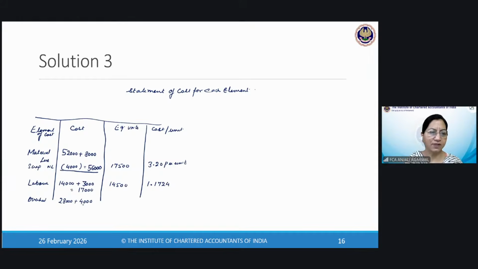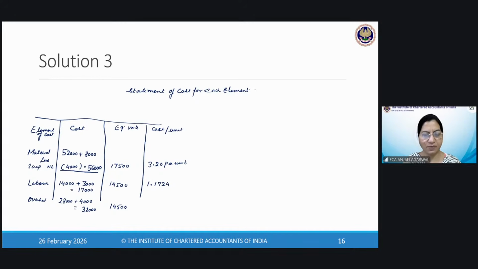28 plus 4,000 is 32,000. And the equivalent units of overheads is also exactly same as labor because the opening WIP and the closing WIP was exactly having the same percentage in material and labor. There can also be given the cost percentage completion of scrap, which is not given in this question.